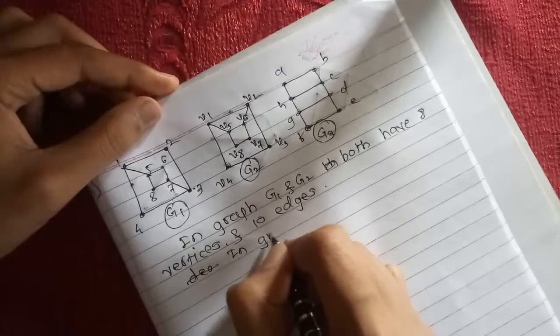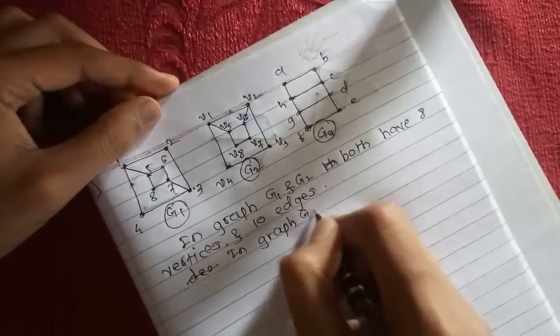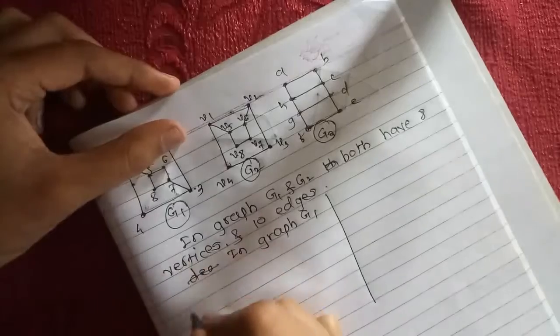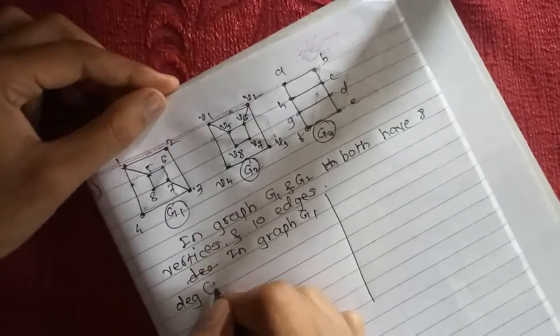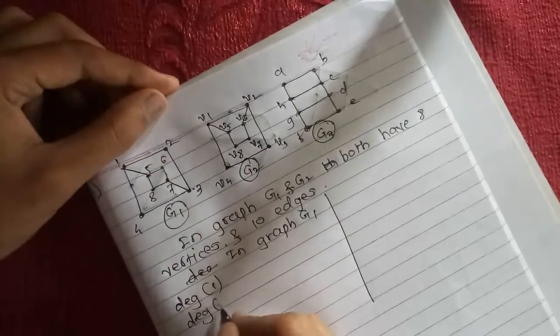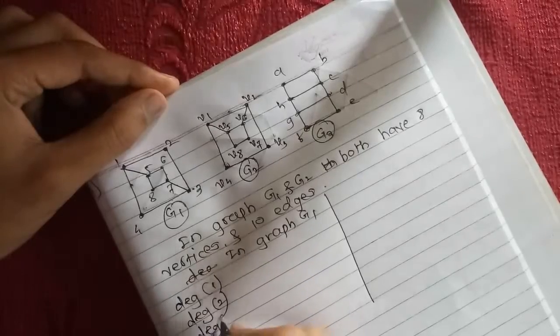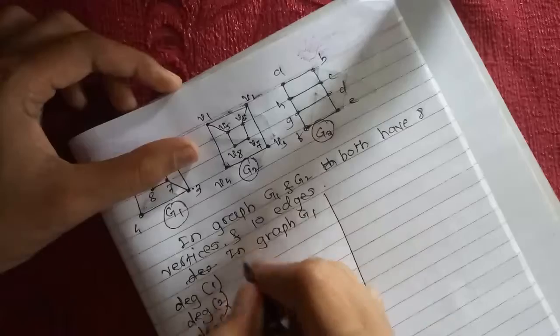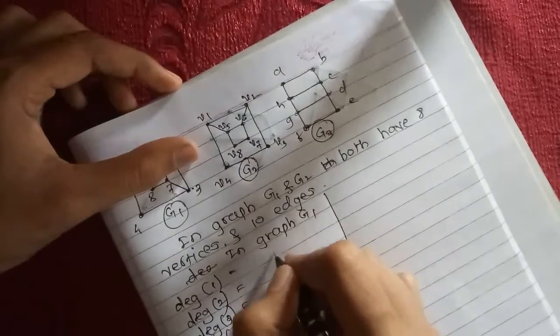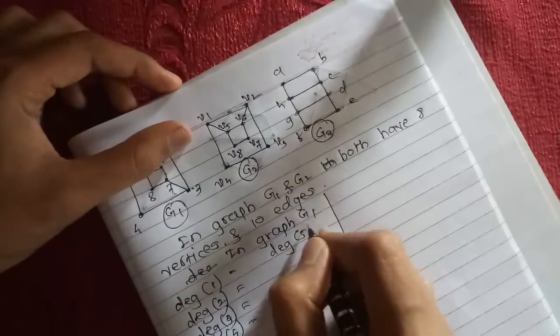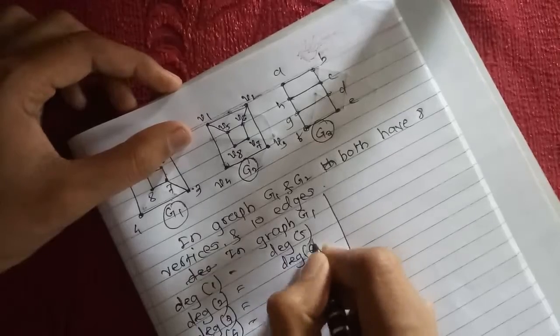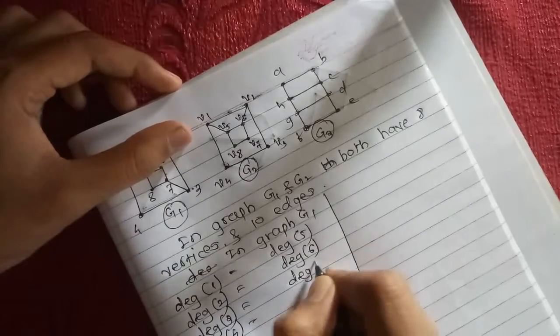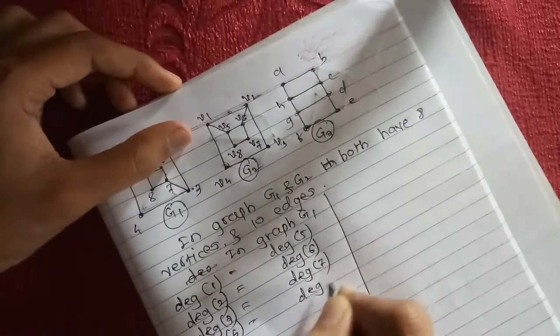In graph G1, right? Degree of 1, degree of 2, degree of 3, degree of 4, degree of 5, degree of 6, degree of 7, degree of 8.